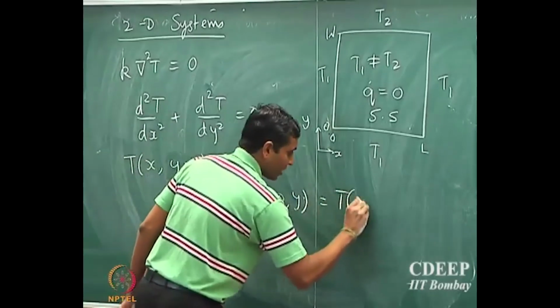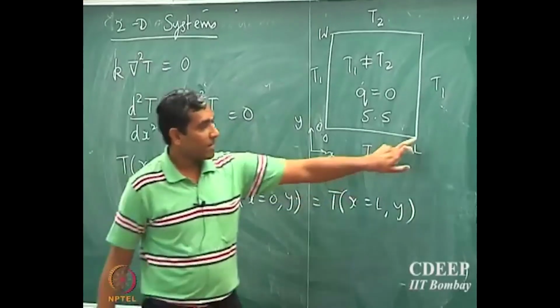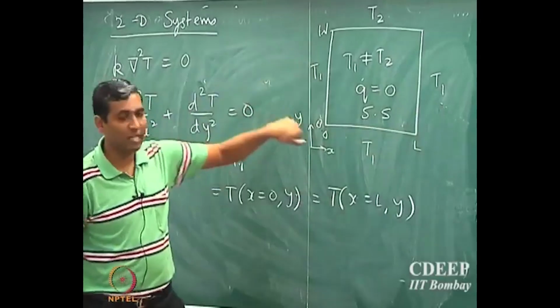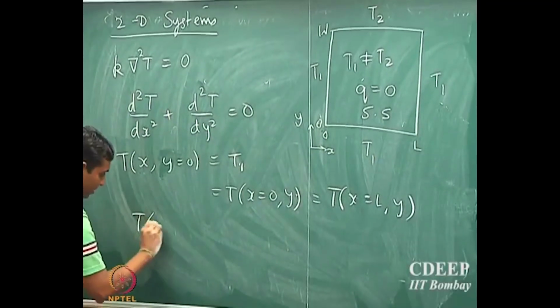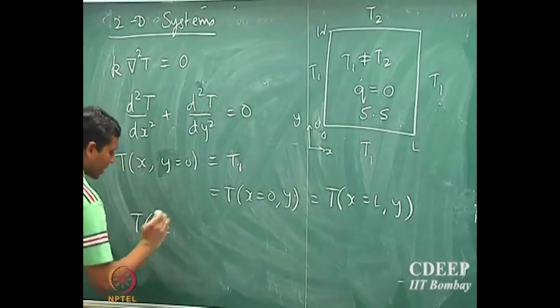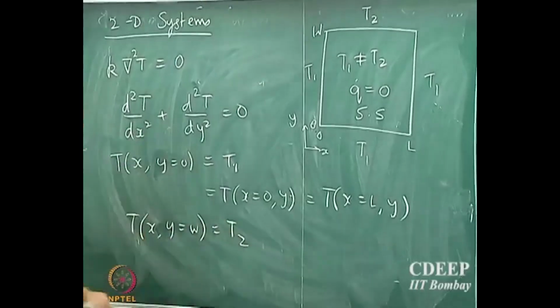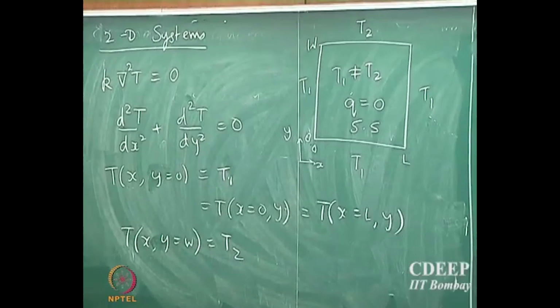It's also equal to T of L comma y, which means at x equal to L, for any y, the temperature is T1, and similarly on these 2 surfaces. And the fourth boundary condition is at any x and y equal to W, the temperature is T2. So how do we solve this?